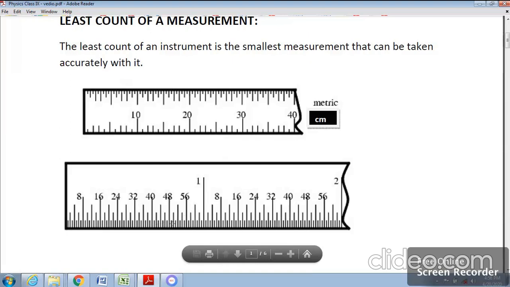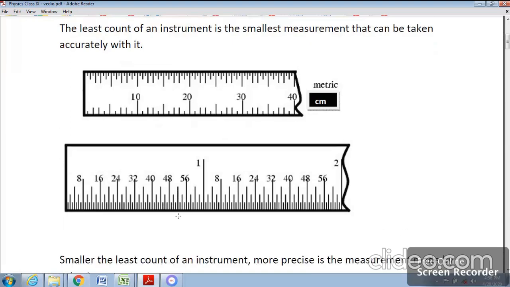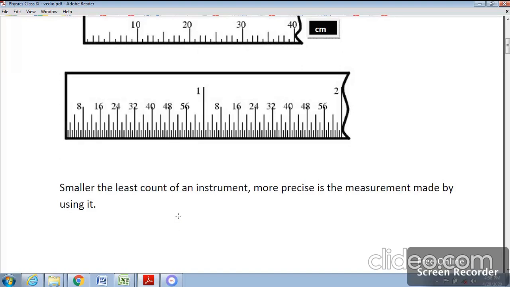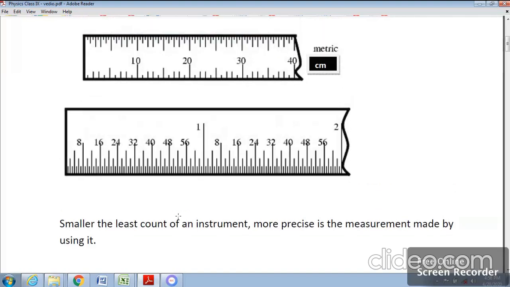For example, as you can see, this is a scale which is in centimeter. So the least count of a meter rule is the value of its one division, which is 1/10 of a centimeter or 1 mm.